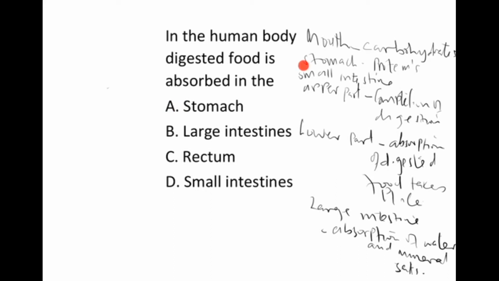What takes place in the stomach is the digestion of proteins, which is not what we need. We need the part where absorption of digested food takes place. Then we have the large intestine, where water and mineral salts are absorbed in the body.